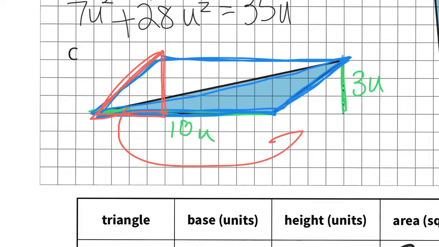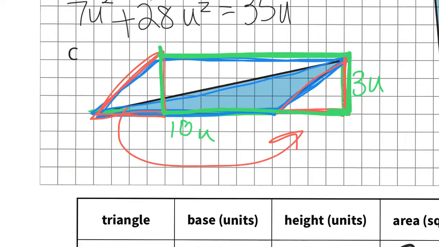I can cut it out and move it over here to make a nice, perfect rectangle. And that rectangle has a base of 10, height of 3. So the area is 30 square units.